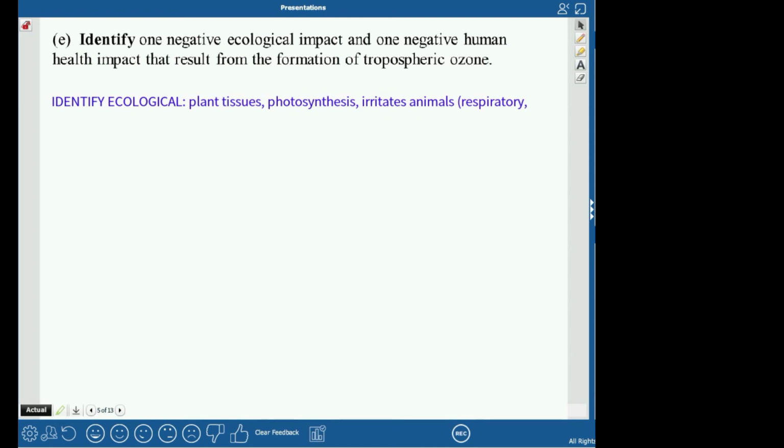It can also affect your respiratory system, just like it can other animals.